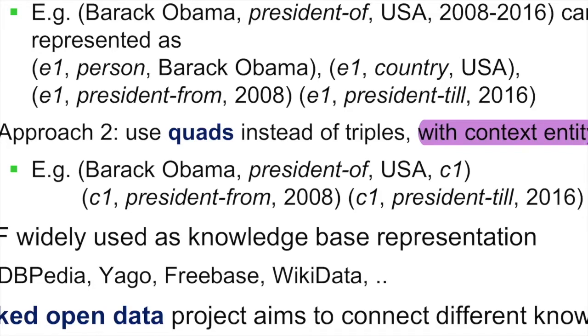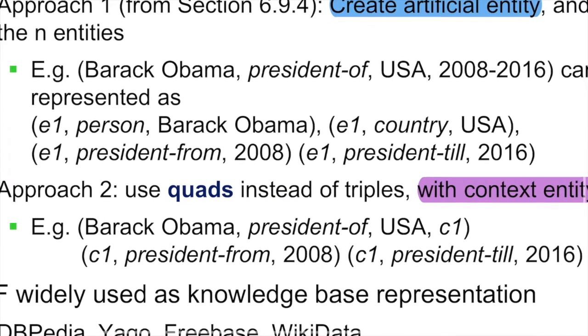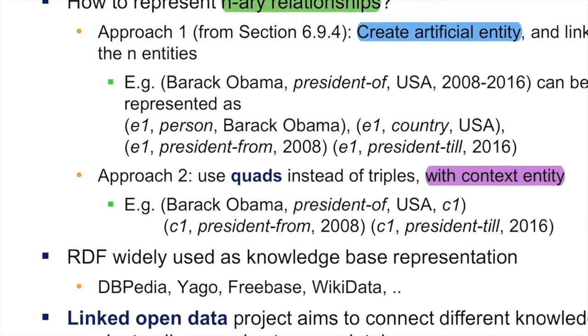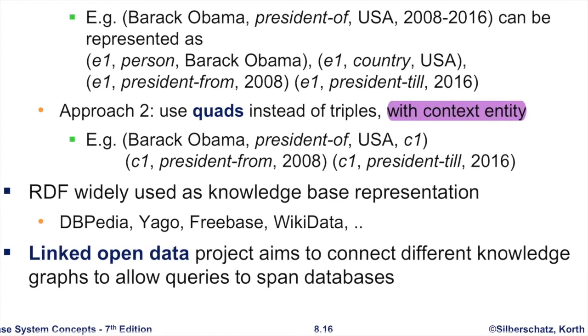So, yung mga remaining parts nung quad natin dito sa taas ay nilagyan natin ng 2 additional triples to add yung information about the president from and president till. Ayan. So, may context entity tayo na C1 dito sa first additional triple and then second additional triple dun sa president till.